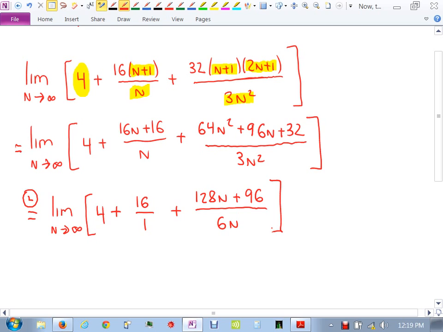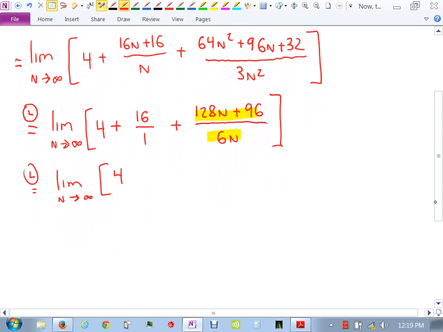Now don't you still have infinity over infinity on this one, right? So you apply L'Hopital one more time. So one more application of L'Hopital. Limit n goes to infinity. You get 4 plus 16 plus 128 over 6.